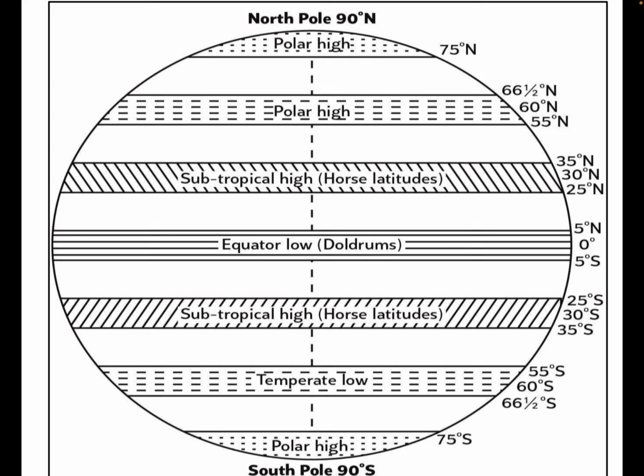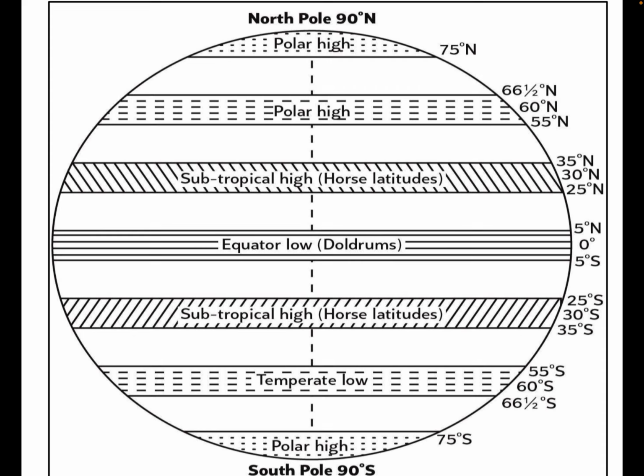Convergence means there is convergence of air. Convergence of air in this area is known as the intertropical convergence zone. It can be in the northern hemisphere or the southern hemisphere.